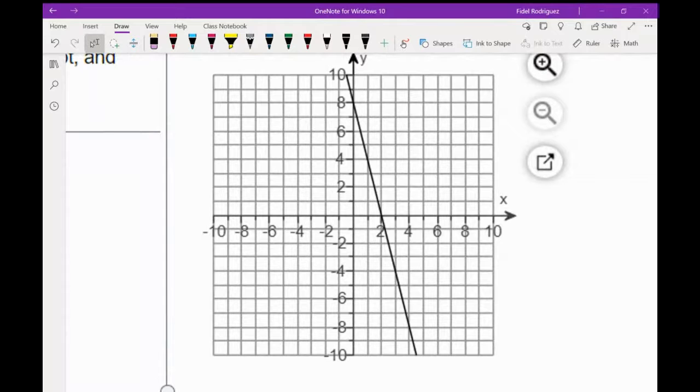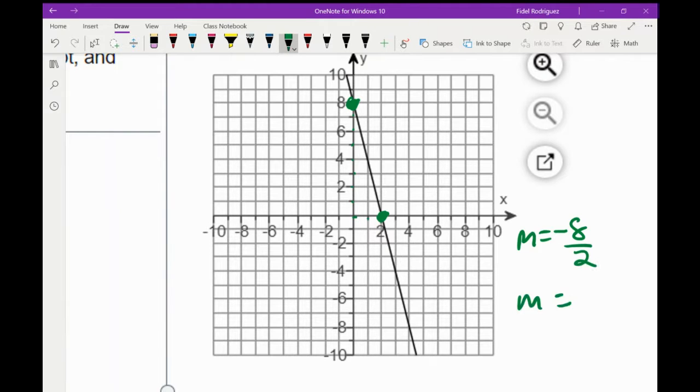Okay. And so like right here, I see there's a point right there, and I see there's a point right here. Okay. So when I'm going to do my slope, right? Think about if I want to get, say, from this green point to that green point, how many spaces do I have to move down? 1, 2, 3, 4, 5, 6, 7, 8. So -8 on top. How many spaces do I have to move to my right? 1, 2.